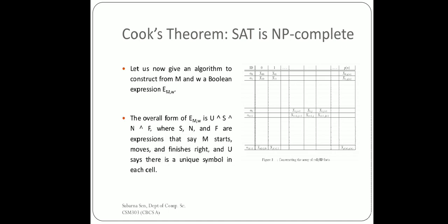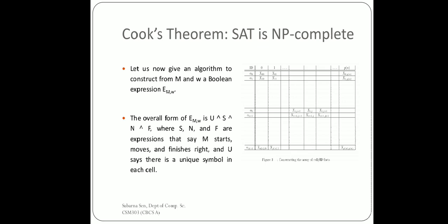Now we will give an algorithm to construct, from M and w, a Boolean expression like EMW. E stands for expression, and M is my machine based on which we can generate the Boolean expression, as we have learned so far.